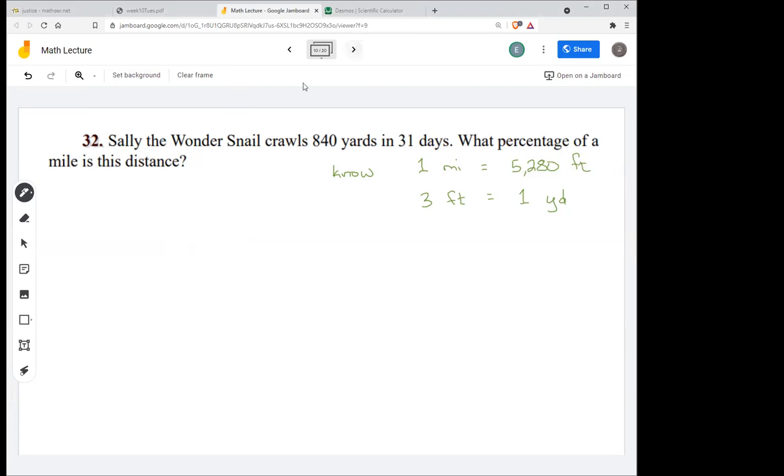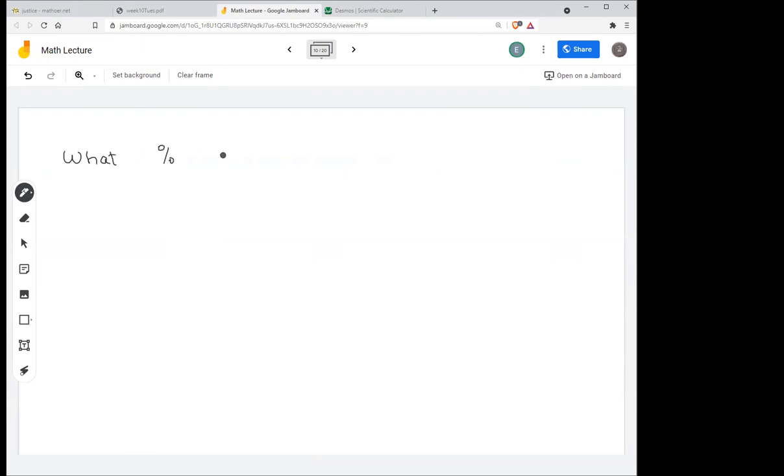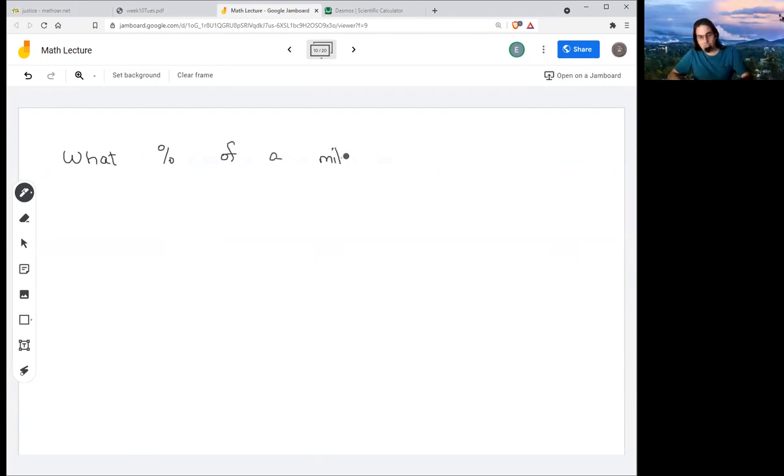Warm us up. Okay, if I was to say, what percent of a mile is blank feet, how would you do that? If I put like 5,000 in the blank, how would we do that problem?